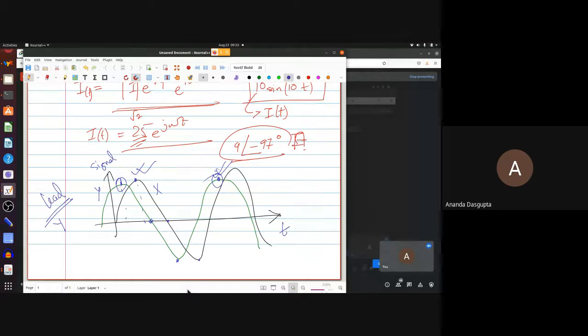Does Y lead or Y lag? Because if you were to focus on these two peaks, which seems like a natural thing to do, Y definitely leads. But if you were to focus on this peak and this one, then Y lags, right? But would anybody say Y lags in this case? If not, why not? What is the criterion? How do you decide?